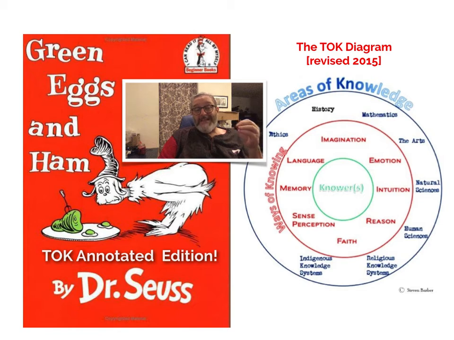And in fact, the diagram is going to be de-emphasized in the future as they move towards a focus on the knower, and they look at the ways of knowing and areas of knowledge as being just one possible way to interpret that information. But we're going to go with the diagram we've been given that also matches the assessment criteria and the rubrics that we have for this year.